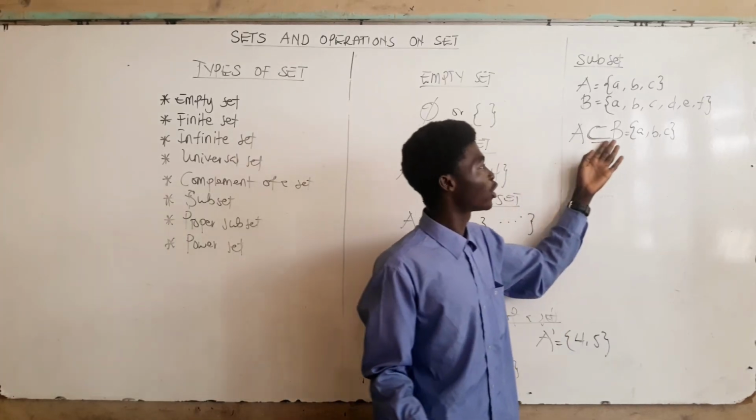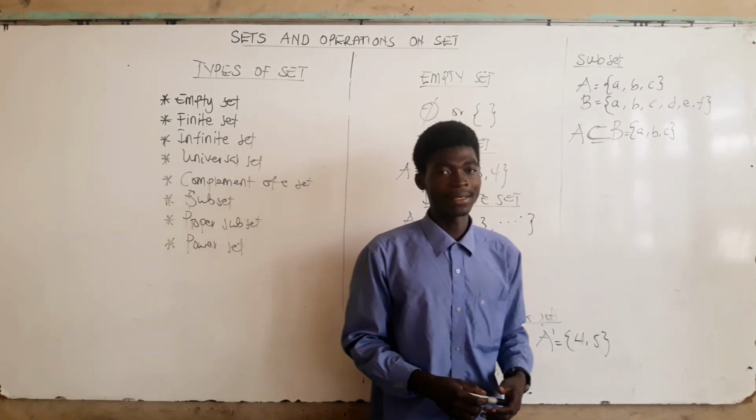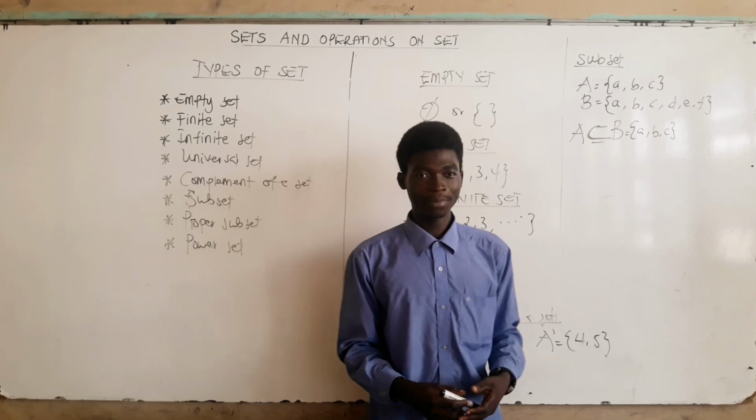So A is a subset of B and the elements are A, B, and C. And that is a subset.